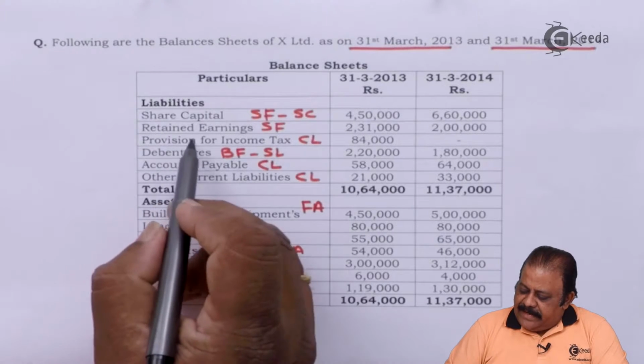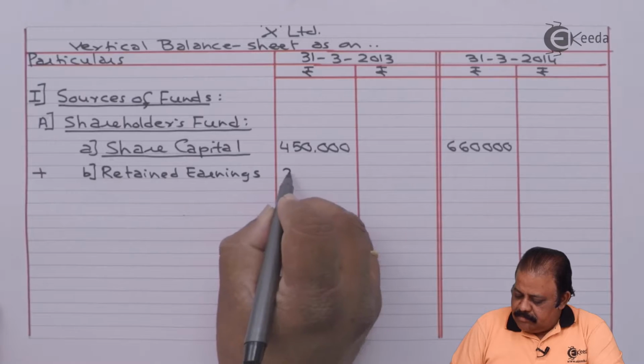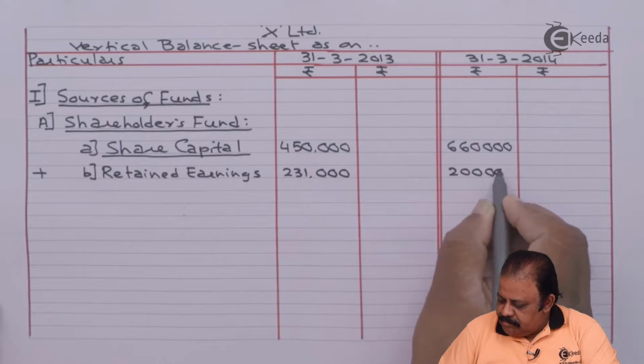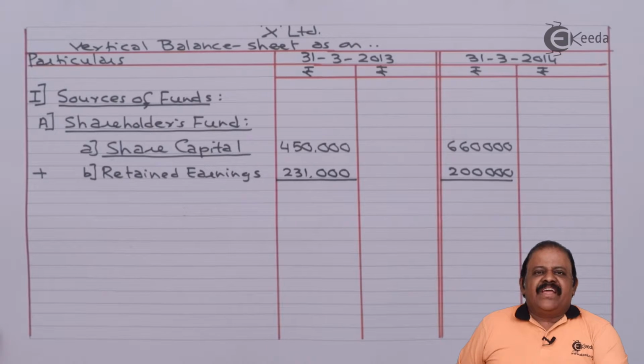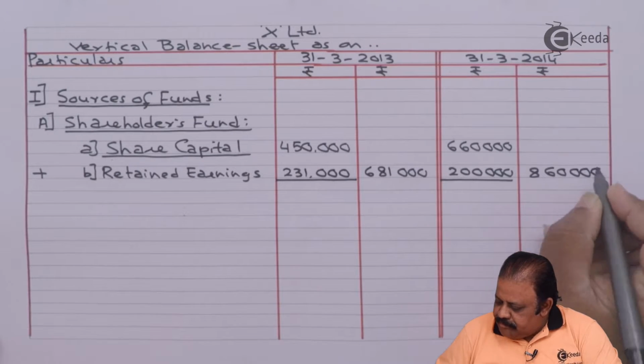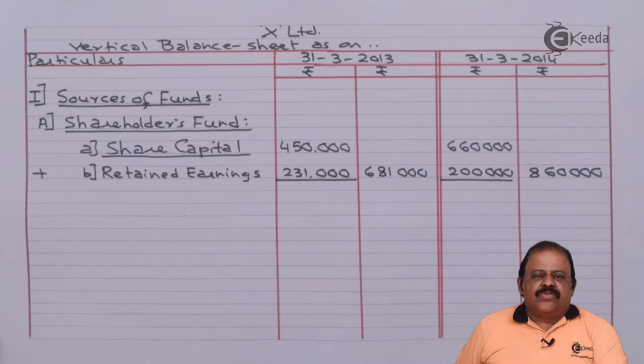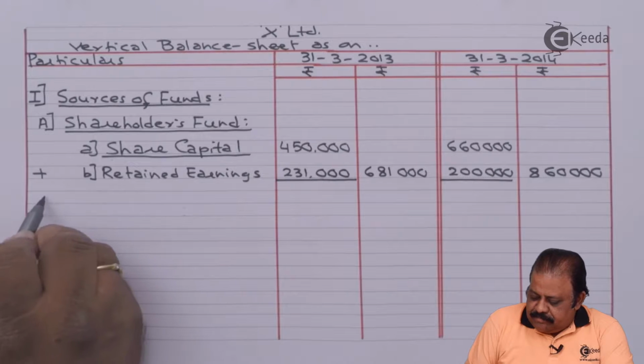Here they have said retained earnings, 2,31,000 and 2 lakhs. We add these two to arrive at shareholders fund: 6,81,000 and 8,60,000.